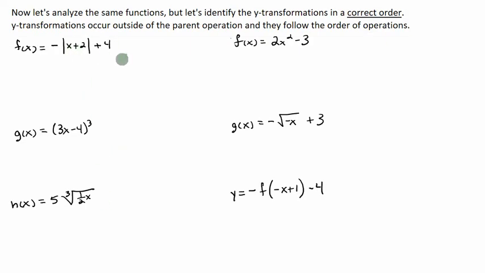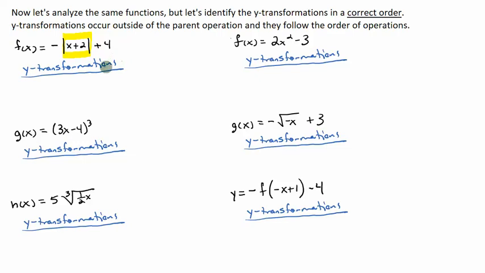So our first example, our parent operation is the absolute value operation. So I need to look outside of that to find my y transformations. So my y transformations, I'll list here. I look outside of my parent operation. What's happening first to the absolute value is multiply by a negative and then add 4, and those are exactly my y transformations.